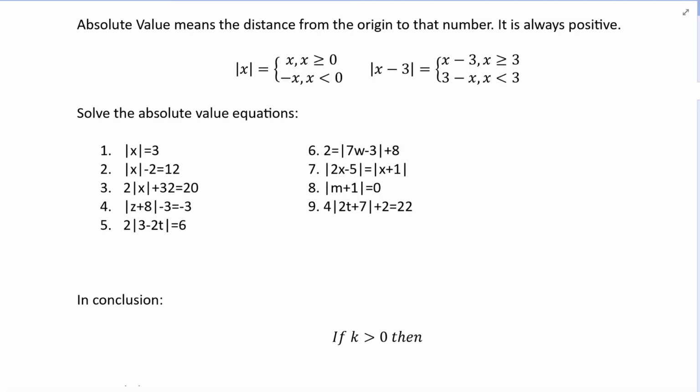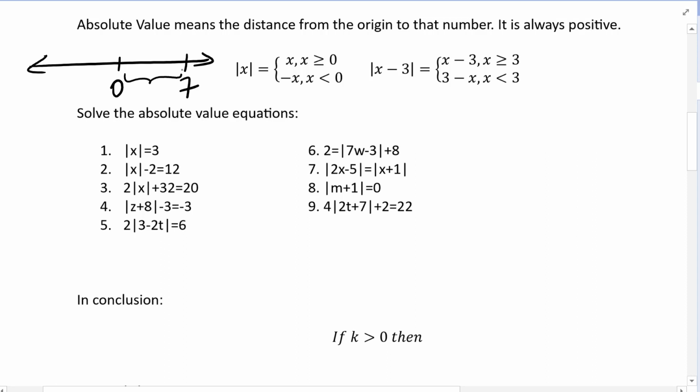So what does absolute value mean? Absolute value means the distance from the origin to that number, and it's always positive. If this is the number line and this is the origin, the absolute value of 7 is going to be 7 because the distance from 0 to 7 is 7.